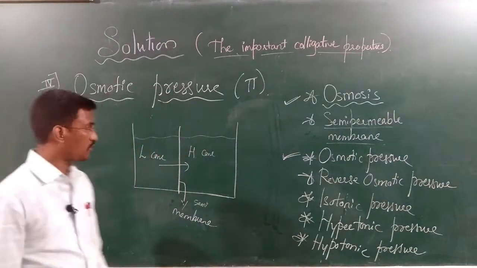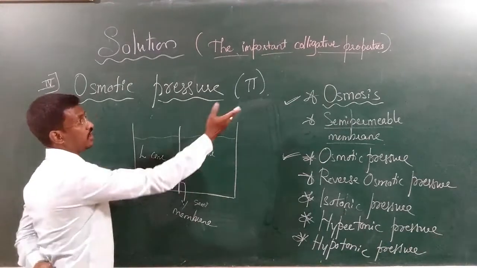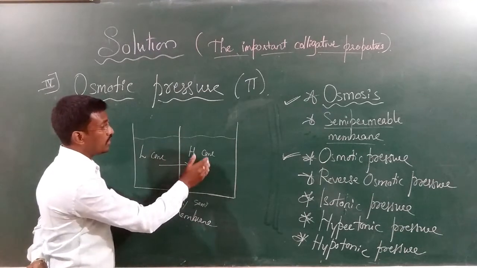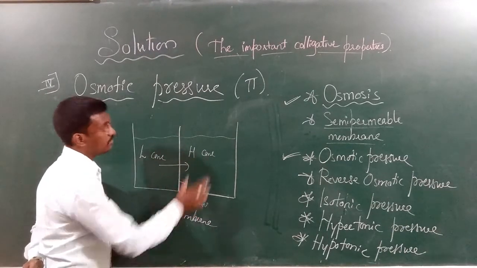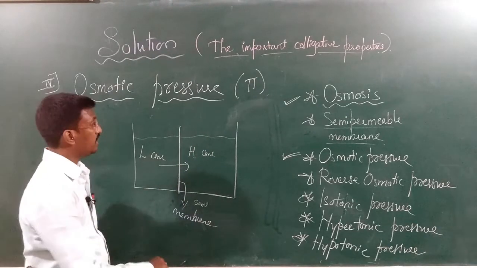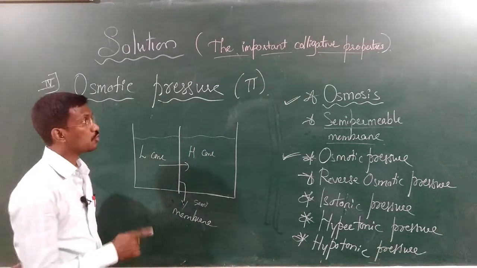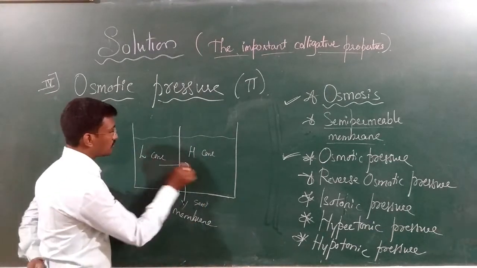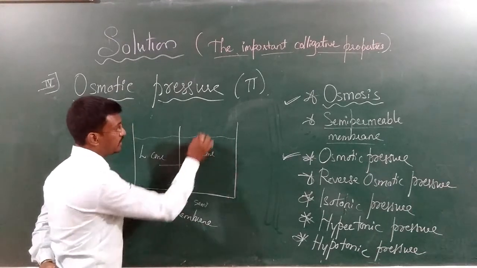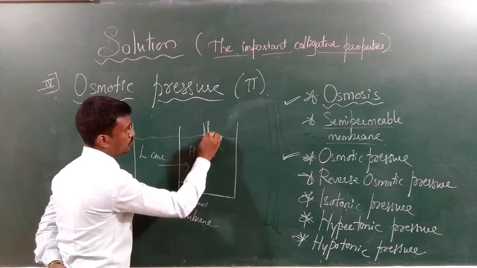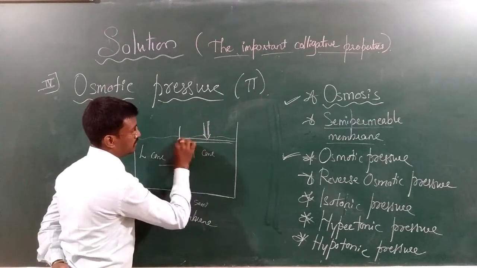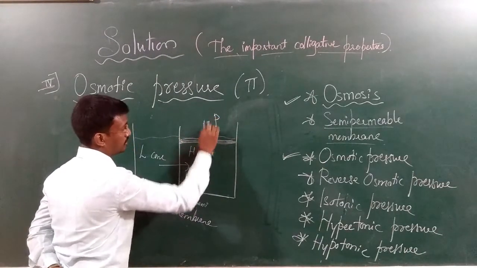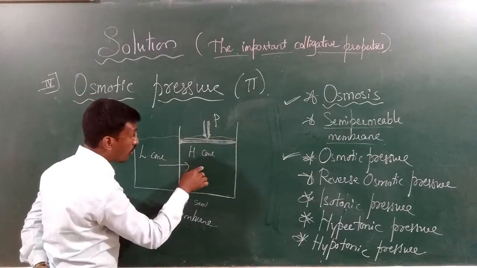What is this osmotic pressure? Look here, this is a very simple concept. We know that osmosis is the transfer of solvent from lower concentration to higher concentration through a semi-permeable membrane. Here we are going to apply some pressure so that osmosis should stop. Think of it as imaginary: we are applying some pressure on the higher concentration.